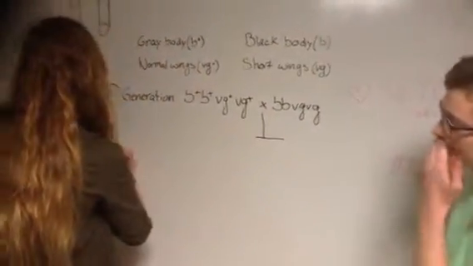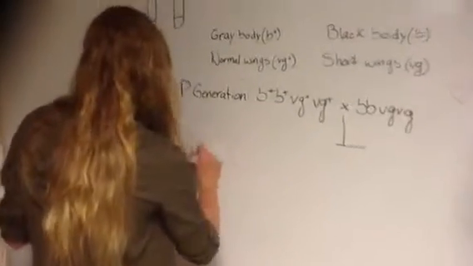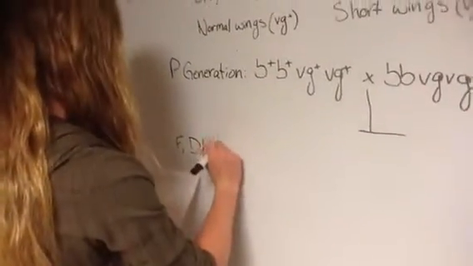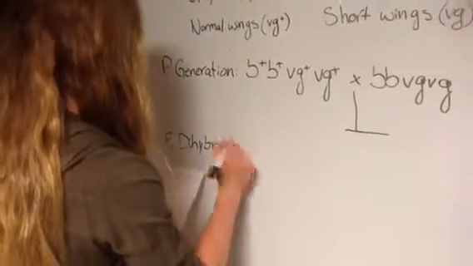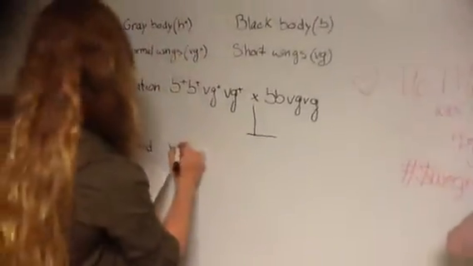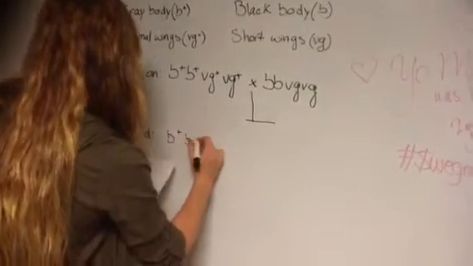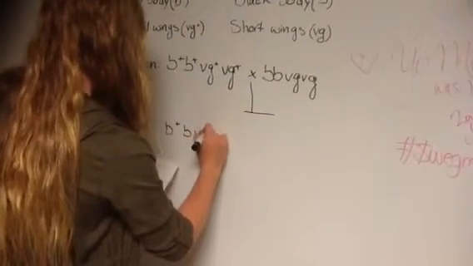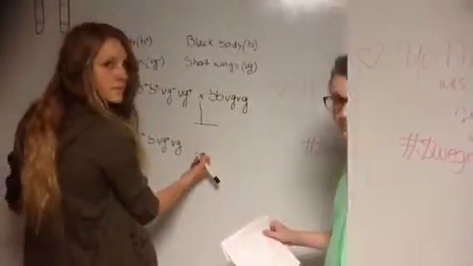Then for the F1 generation, the results were a dihybrid of gray-bodied normal wings, so it was B plus, little b, VG plus, VG.